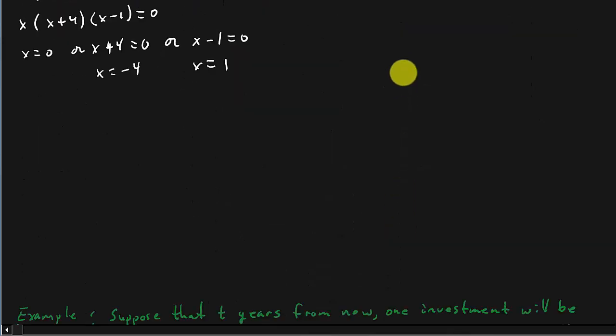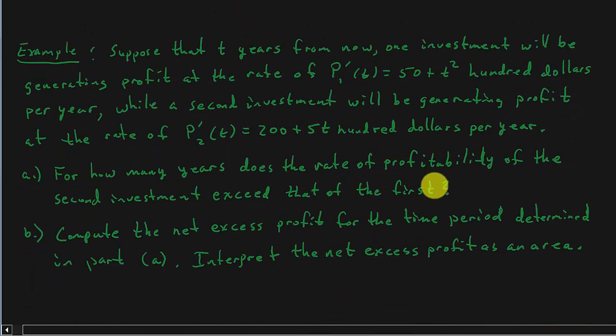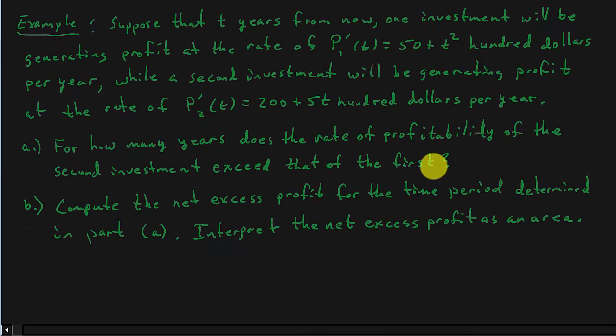Okay. All right, let's see what we've got right now. It says, suppose that t years from now, one investment will be generating profit at the rate of P1 prime of t equals 50 plus t squared hundred dollars per year, while a second investment will be generating profit at the rate of P2 prime of t equals 200 plus 5t hundred dollars per year.